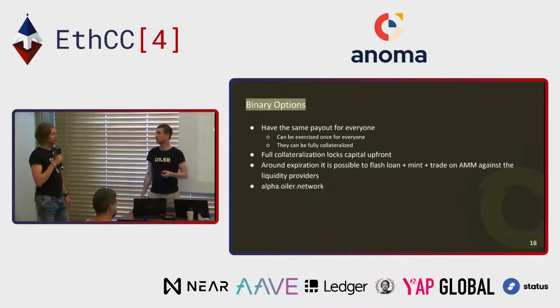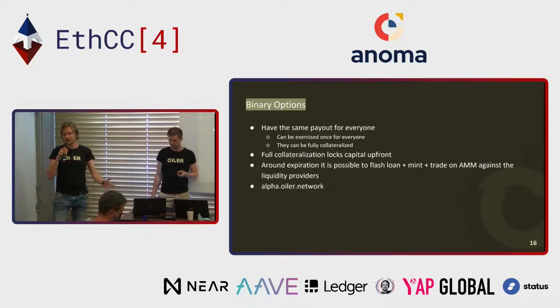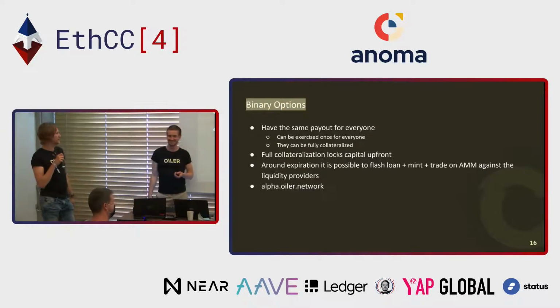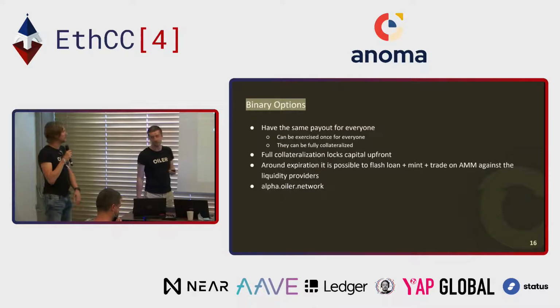But anyway, we have the product, we just launched it, we deployed it maybe 15 minutes ago, and you can test it right now if you go to alpha.euler.network from your mobile or laptop.